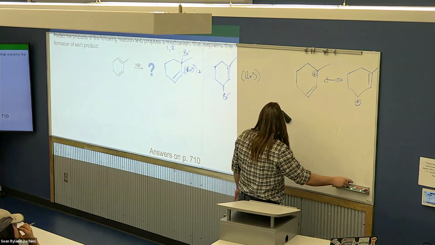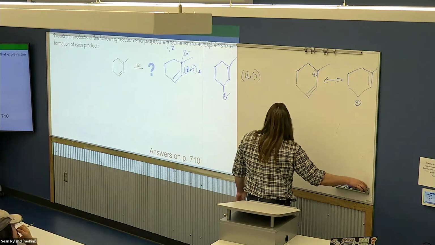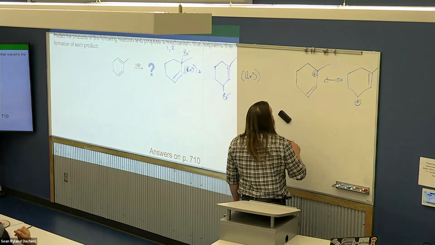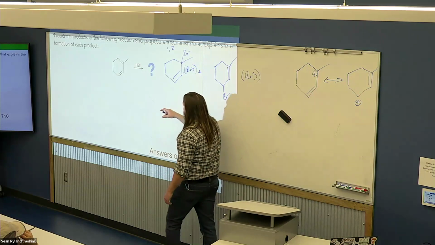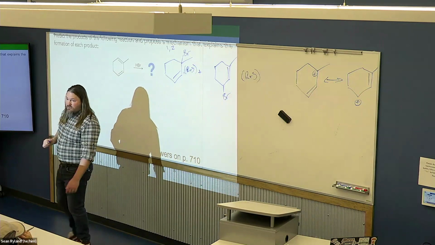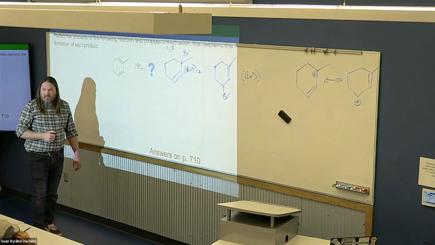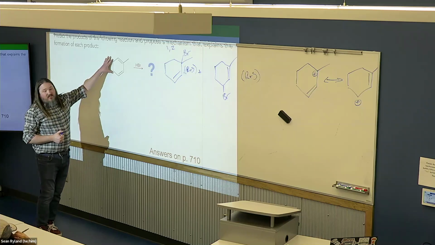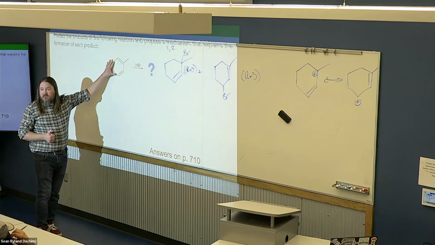There's also going to be a resonance structure just from the initial product, right? There's a double bond on the right side of the hexagon, positive charge on the tertiary. Correct. That's what I started. So there is a resonance structure just from this.